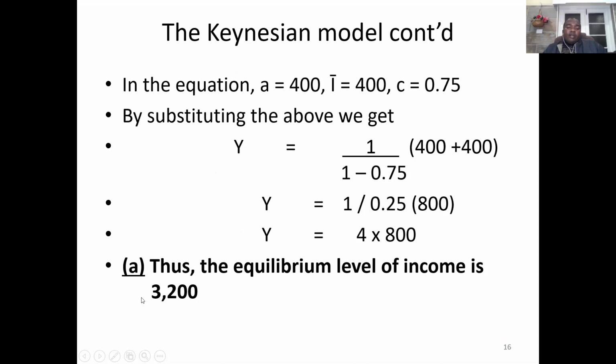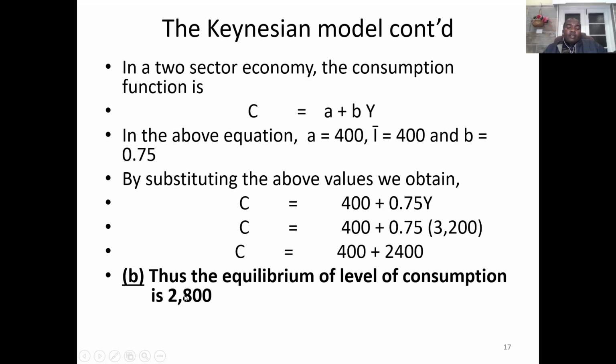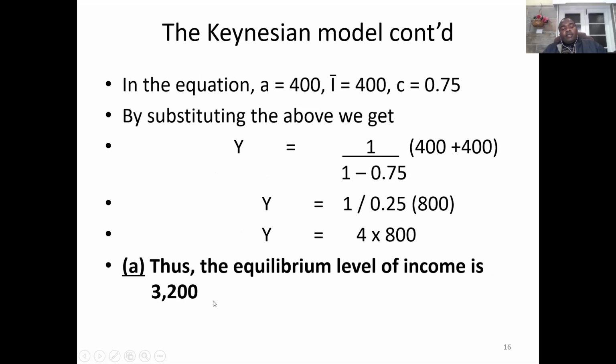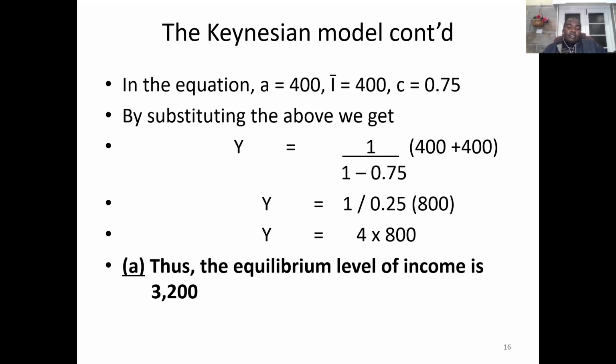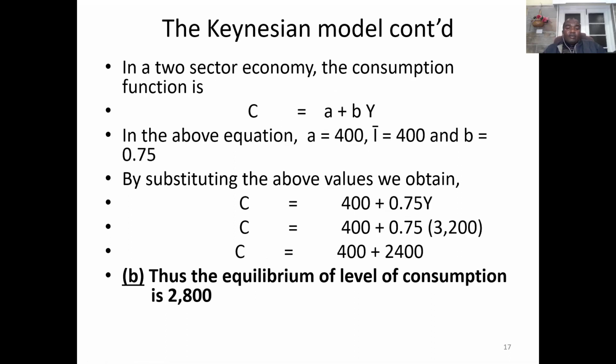So at an equilibrium level of national income of 3,200, the total level of consumption is 2,800, with the 400 million representing the savings that are taking place in the economy. Because what is not consumed is saved, and what is not saved is consumed.